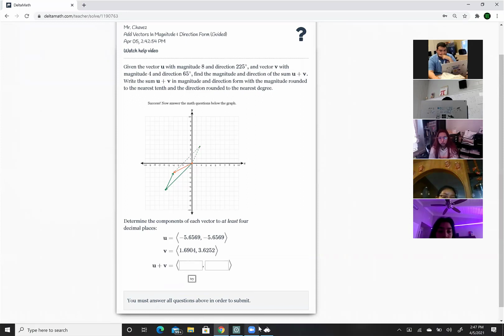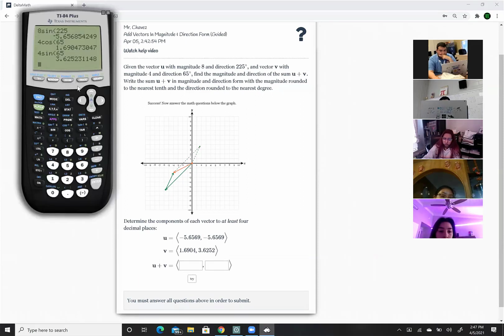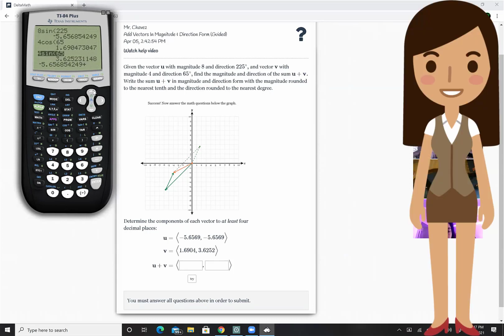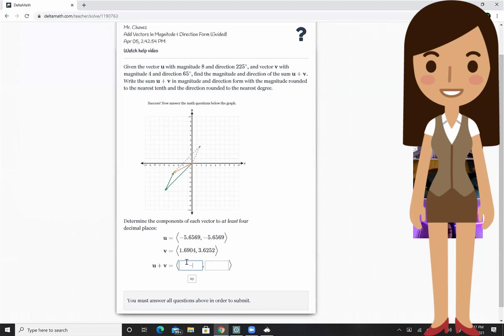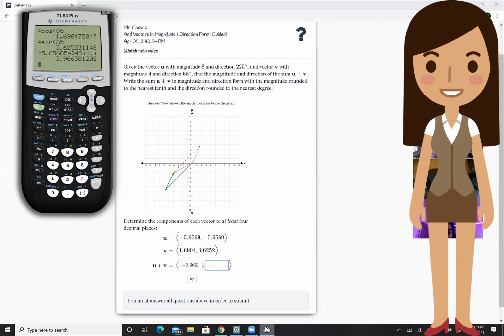And now we just add them up, guys. And I didn't bother saving them into letters. So I'm just going to scroll up to get them. That number plus the one with the cosine. So that one. And enter. So I get negative 3.9663. And then that one's the y value.